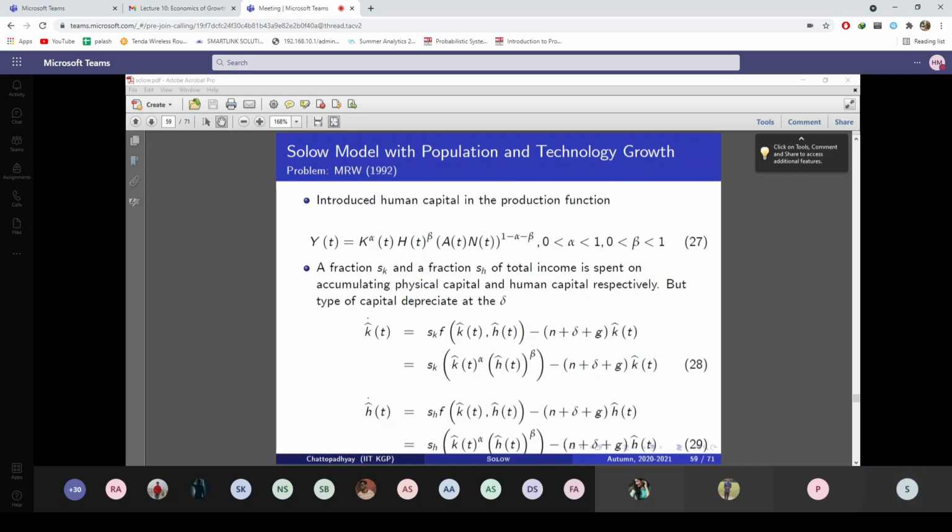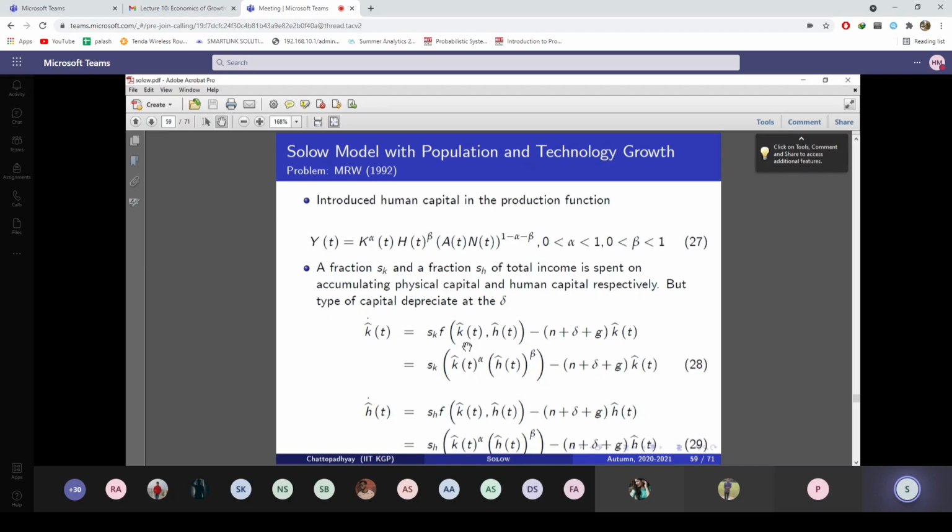The derivation, you should do it at home. And tomorrow, if you have any problem, in the initial half an hour or so we can discuss this, and then I will move to some other model. But please give some time to derive this part. Equation number 28 and equation number 29, you have to derive from here with the assumption that population growth is n, physical capital and human capital are both depreciating at the rate delta, and the rate of growth of technological progress is g.